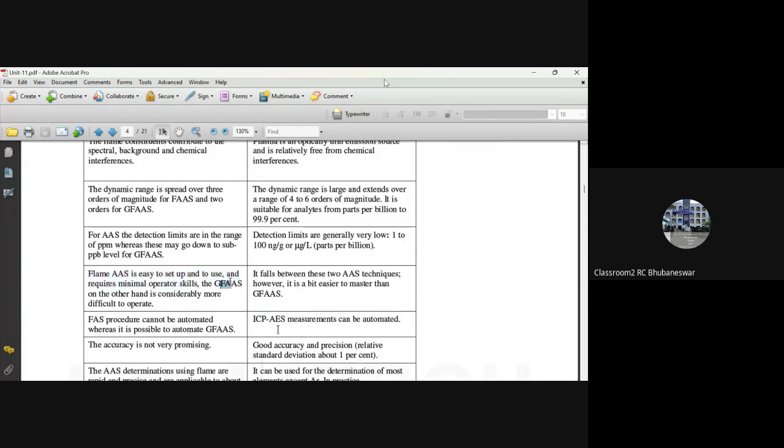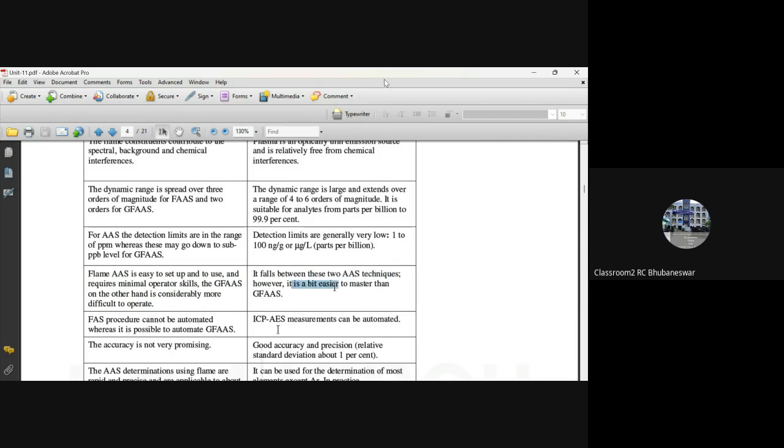The GFAAS, on the other hand, is considerably more difficult to operate. Here you will be noting down that the more difficult handling means better quality of detection you are getting, and ICP-AES falls between these two AAS techniques.